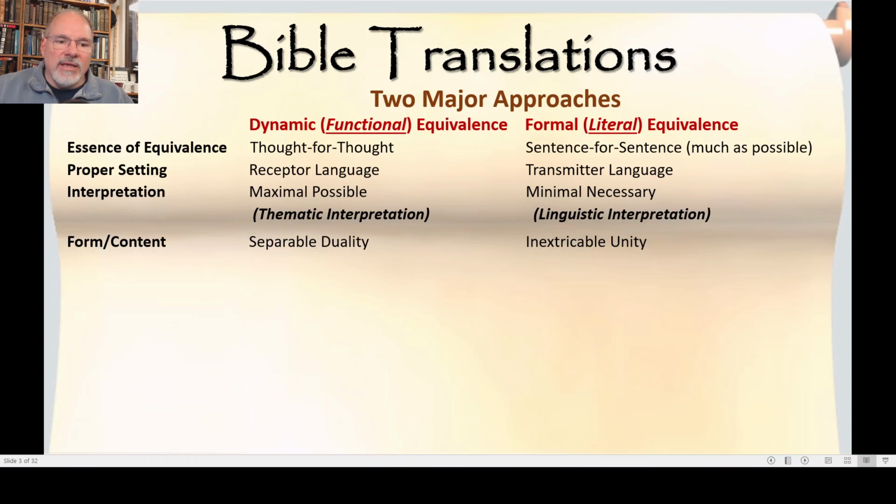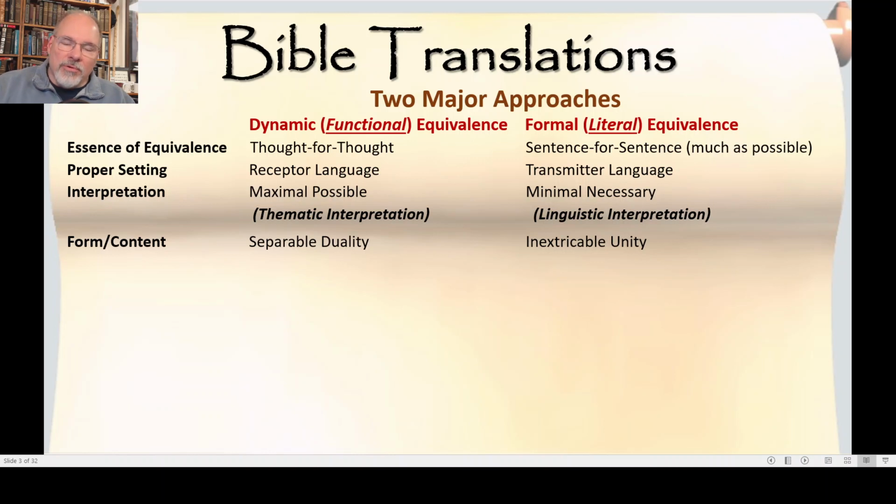Form and content, right? So the translators that do paraphrases, they see them as separate dualities. In other words, they see the form of the writing as different than the content. The sentence structure and words used, they see that as different than the actual message.